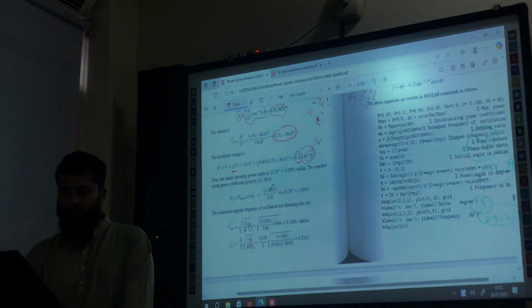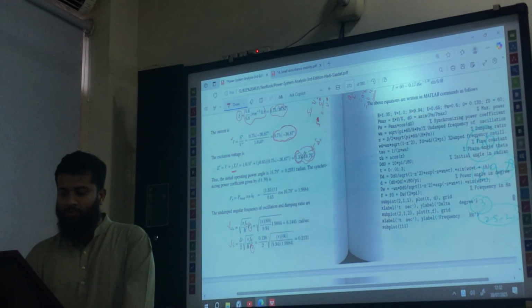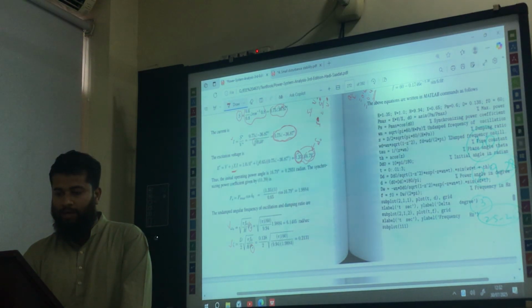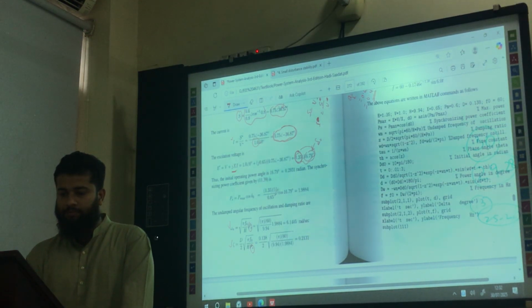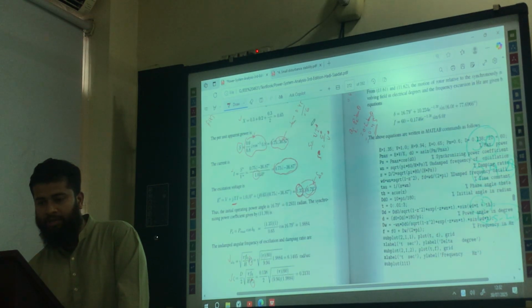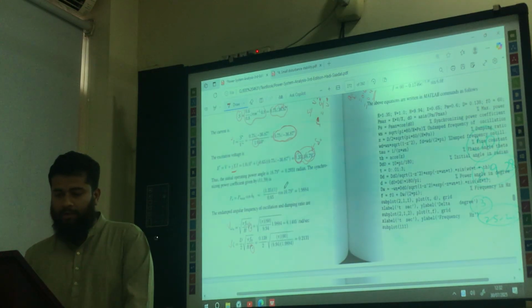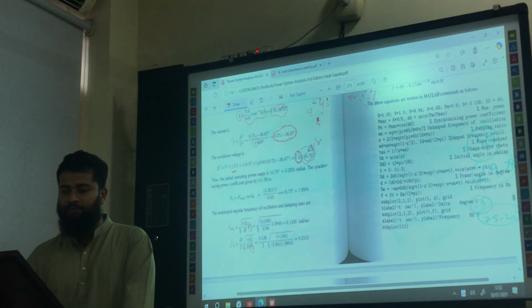So, Pmax: magnitude of E, that is 1.35. Magnitude of V, that is simply 1, right? Over the X. X is what? 0.65. We have calculated here. X is 0.65, right? So put all the values, and delta naught is 16.79. So your Ps will be 1.9884. This is your Ps.